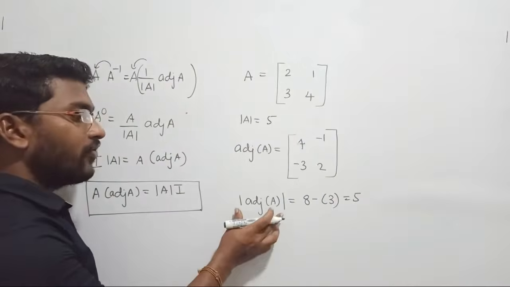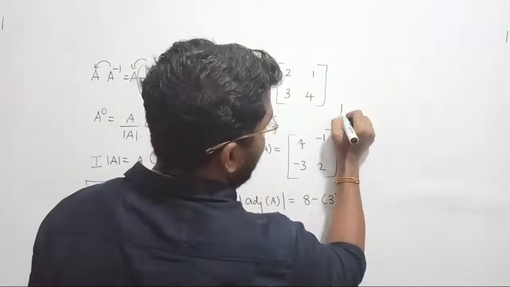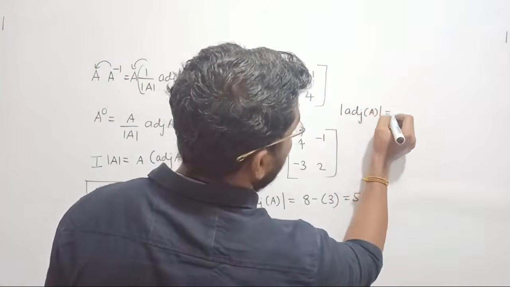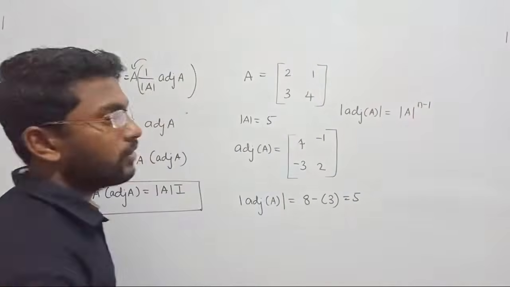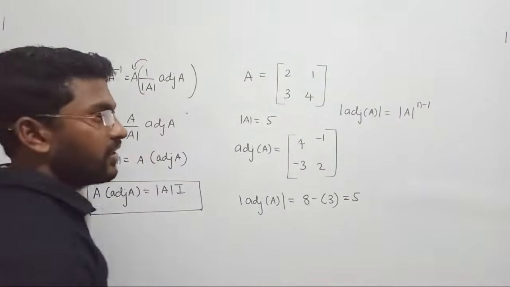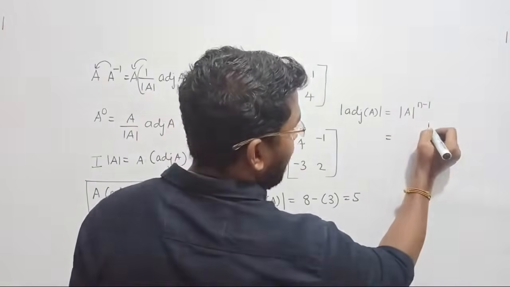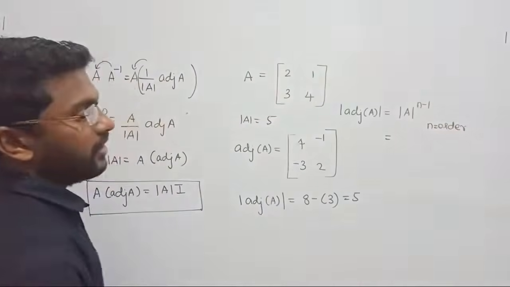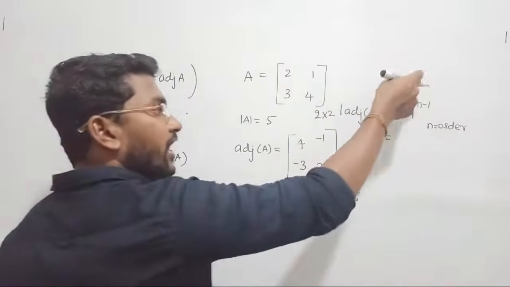Don't think that the determinant of adjoint of A is exactly equal to mod A. Let me write the actual relation. The actual relation is determinant of adjoint of A should be equal to determinant of A to the power of n minus 1. Here n denotes the order of the matrix. Since it is given as 2 cross 2, the value of n is equal to 2.